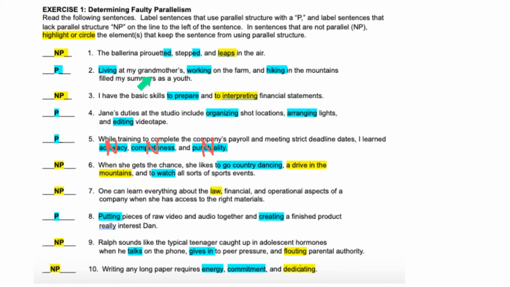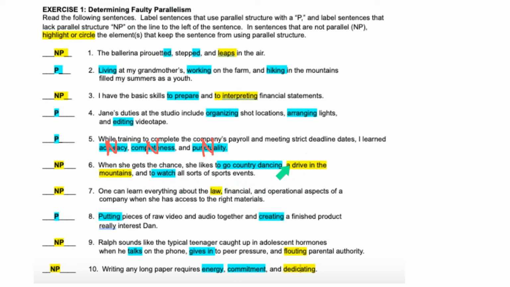Going down to number 6, you can see that number 6 should be listed as non-parallel. If we were listing the things that she likes to do when she gets a chance, you can see that we have these infinitives once again in to go country dancing, and our two blue phrases, to watch all sorts of sports events.